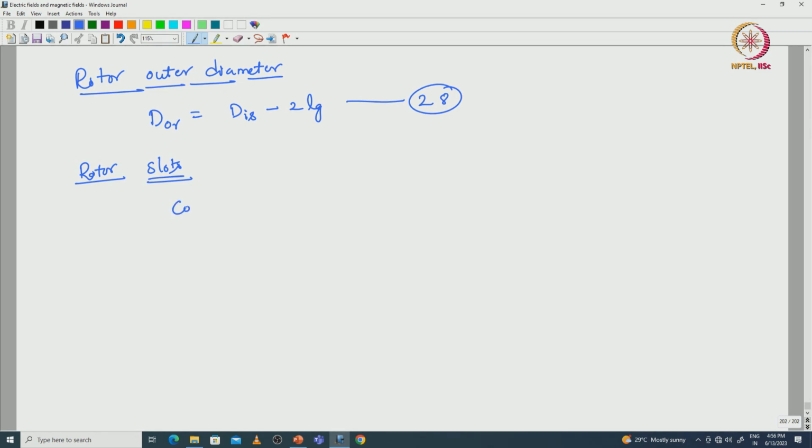It depends upon the cogging effects, crawling effects, noise or vibration, and synchronous cusps.